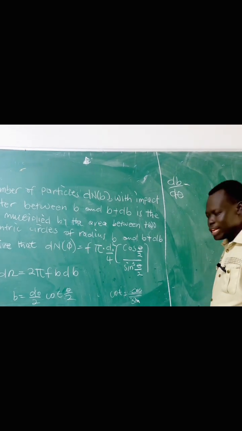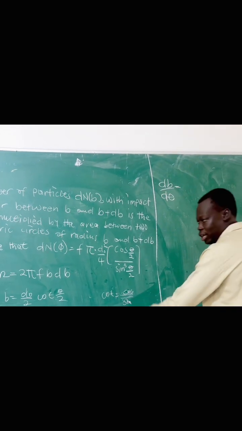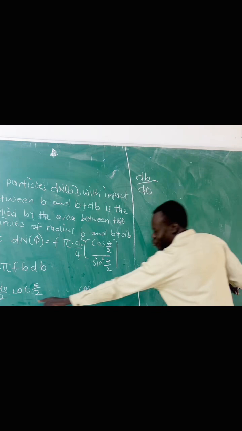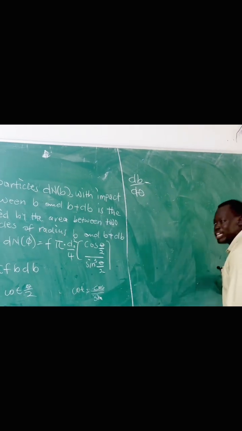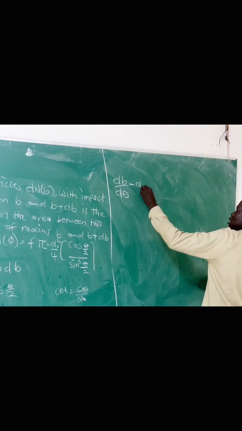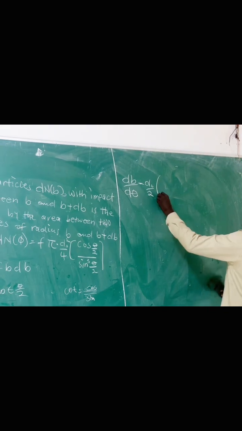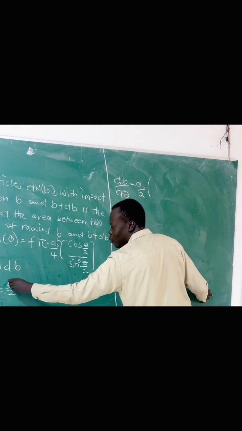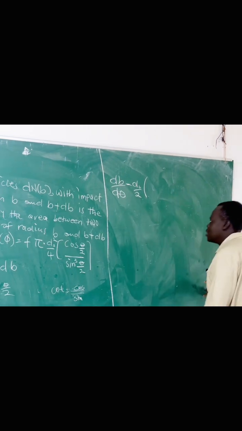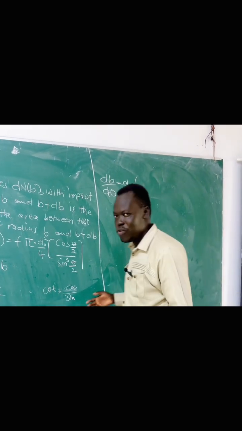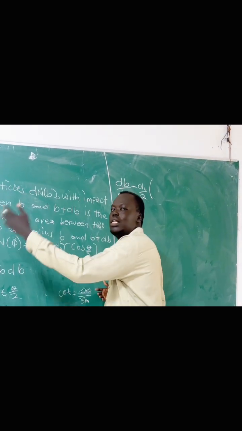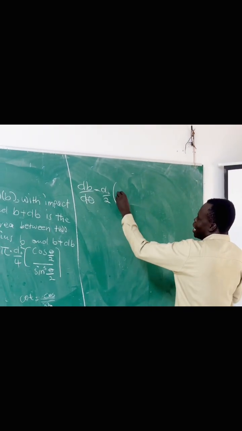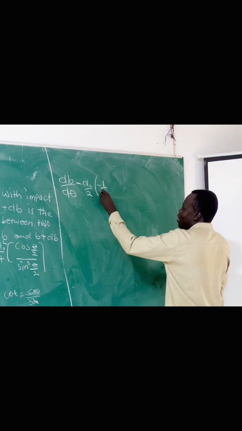When we make it a quotient of two functions, we are going to factorize out d naught divided by 2 outside the bracket. Then when we differentiate, we have a coefficient which is 1 over 2. When you differentiate trigonometric functions, the coefficient of the angle always moves to the other side, so the coefficient of the angle is minus 1 divided by 2.